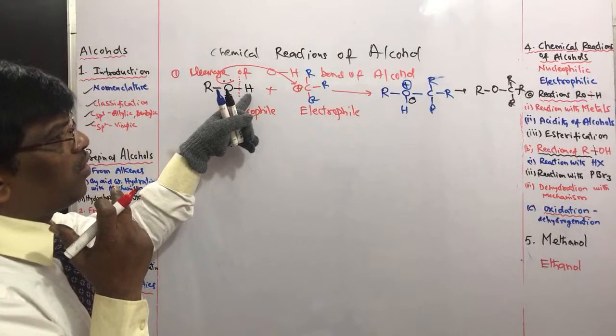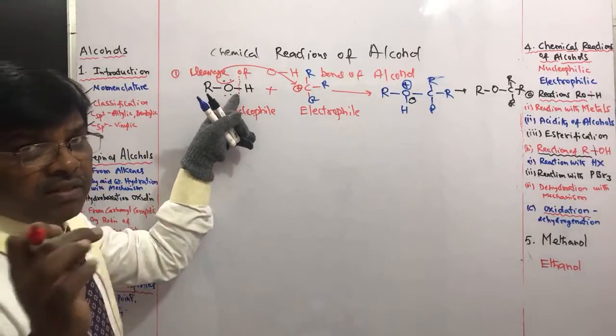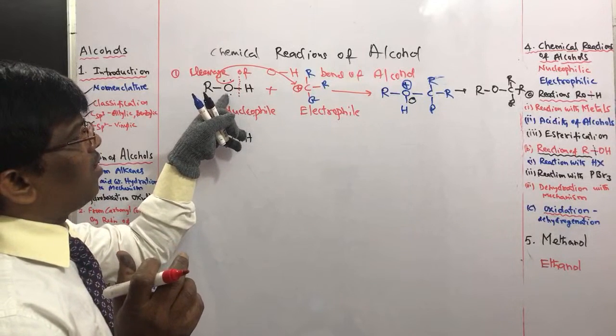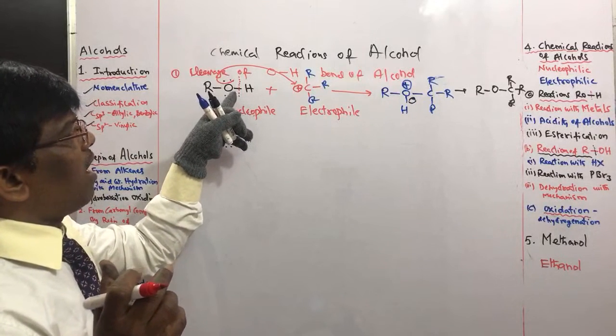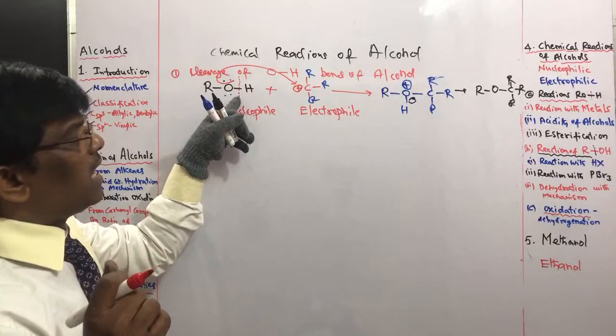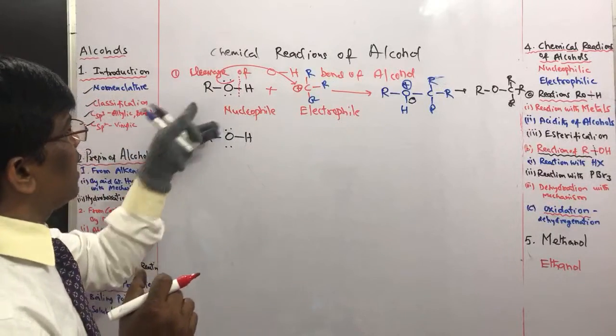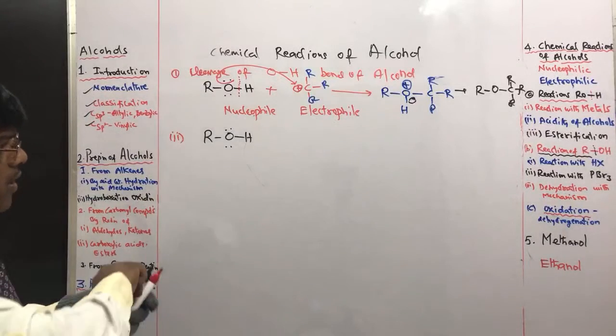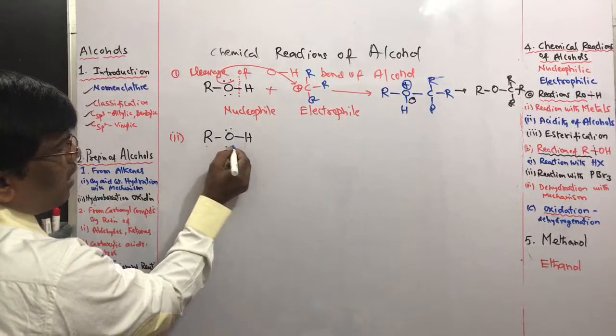Under this we are going to learn about reaction with metals, preparation of bases, and acidity of alcohols, where we will use these alcohols as acids, and esterification reactions. And the second category is where the bond between carbon and oxygen breaks.